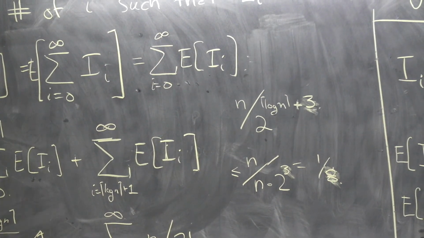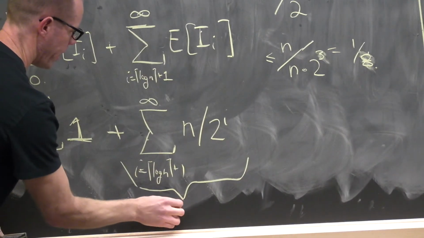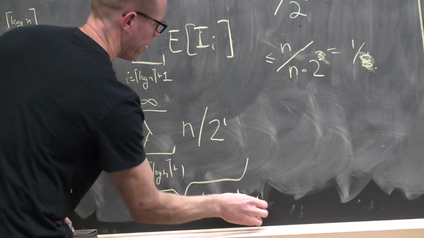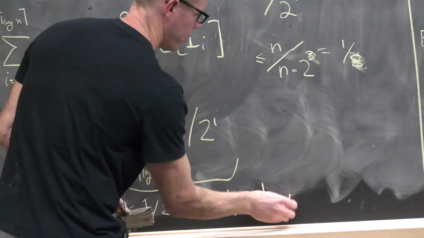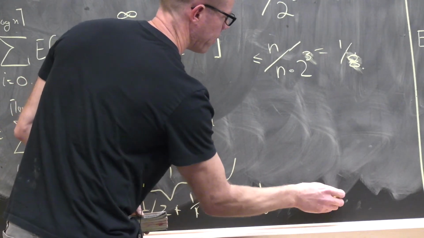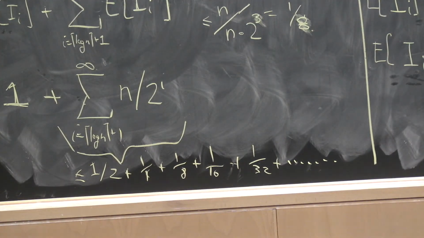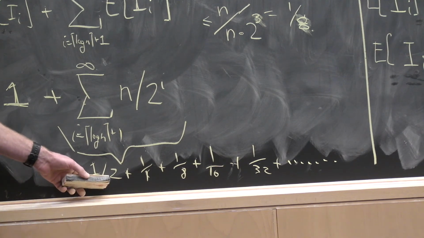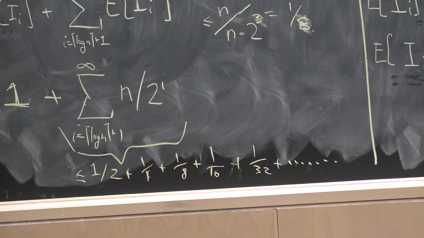So actually, this part here is just 1/2 plus 1/4 plus 1/8 plus 1/16, plus 1/32, which is less than or equal to what? 1, right? This is the same argument as before, except now instead of starting with a step of size 1, we start only with a step of size 1/2. We'll never quite reach 1.